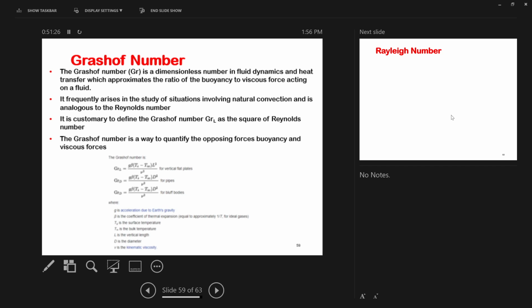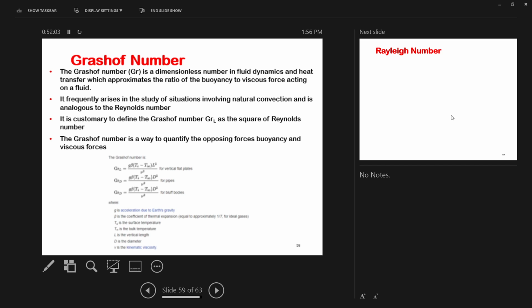For a vertical flat plate, it can be calculated as g multiplied by beta multiplied by your delta T, which is T fluid minus T infinity, multiplied by L to the third, divided by the kinematic viscosity squared. That is for a flat plate.